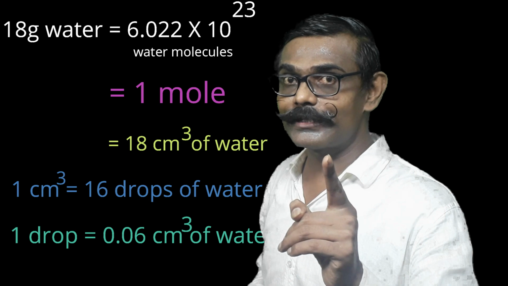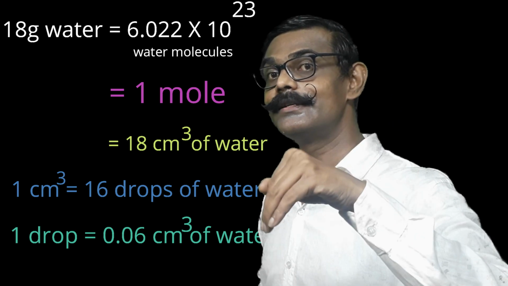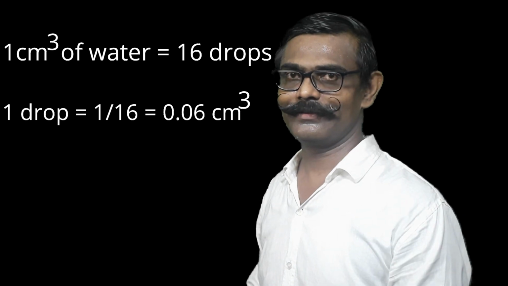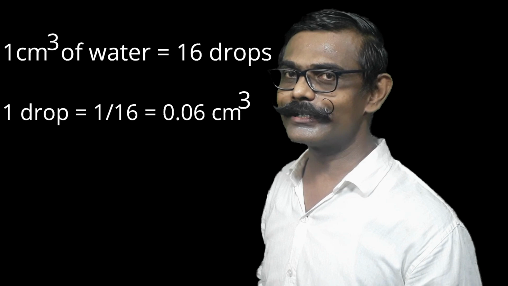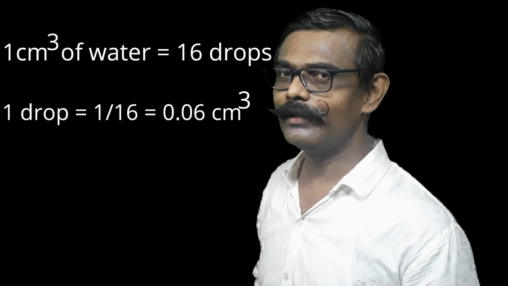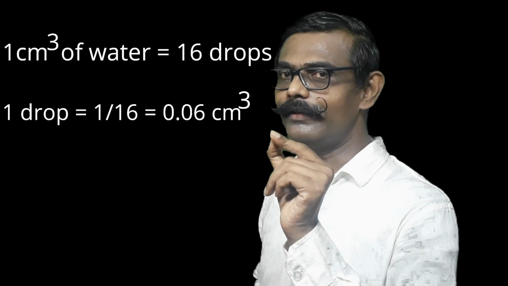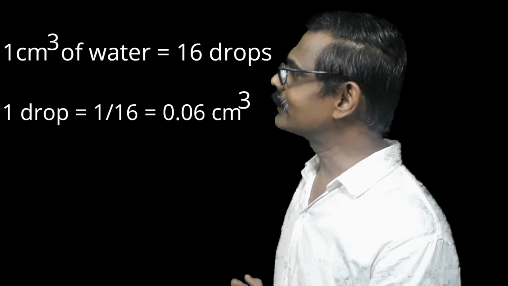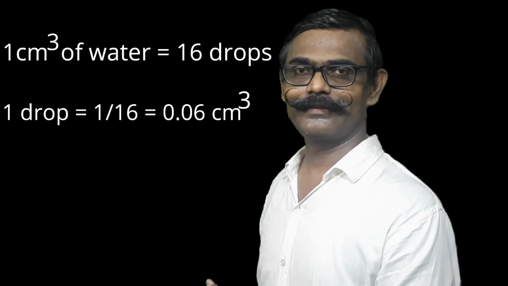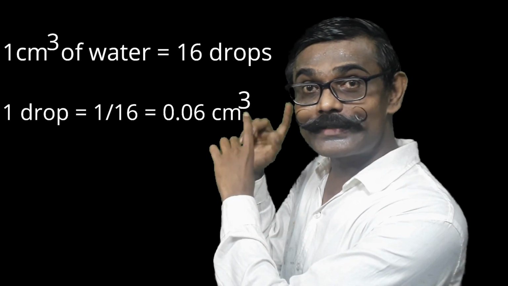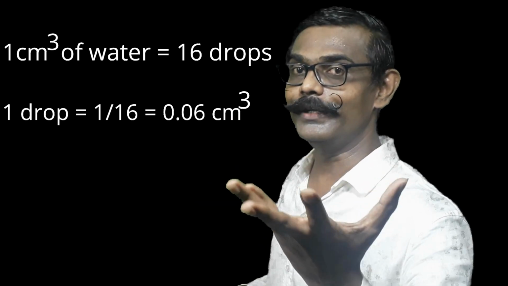So 1 cubic centimeter of water means 16 drops. So 1 drop is equal to how much volume, how many cubic centimeter or ml? That will be 1 divided by 16. So what is the answer? 0.06. This 0.06 cubic centimeter of water possesses how many water molecules?